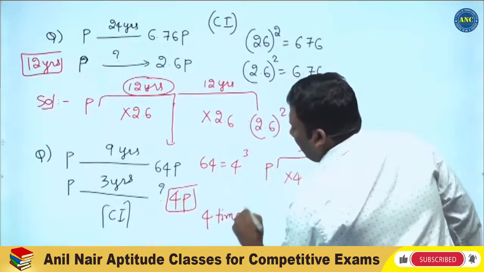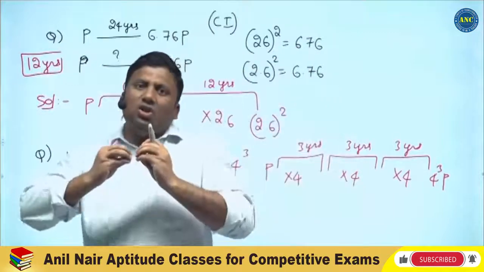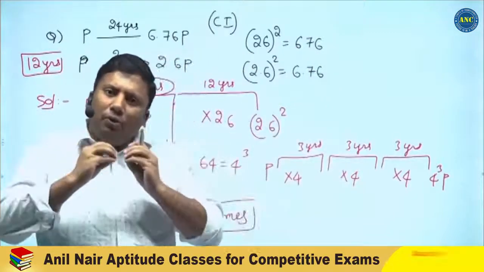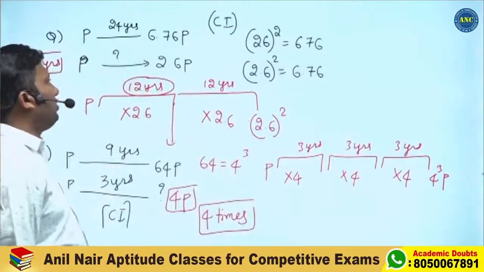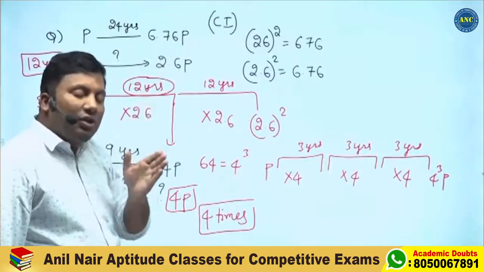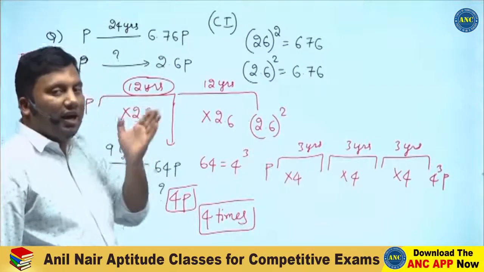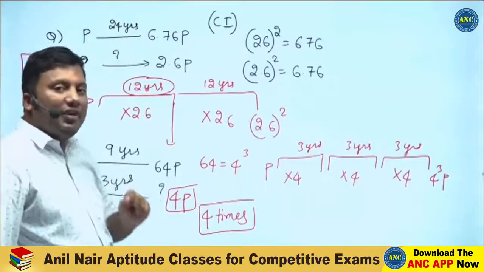He can ask you the amount, he can ask you the time period also. A very logical way to solve. Compound interest behaves like a geometric progression. Just check whether the final amount is a square or a cube or a fourth power. If it is a square, divide the number of years by 2.